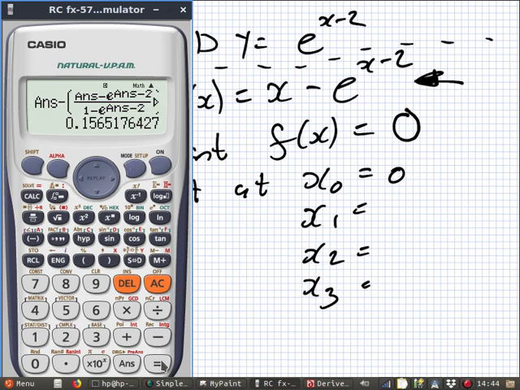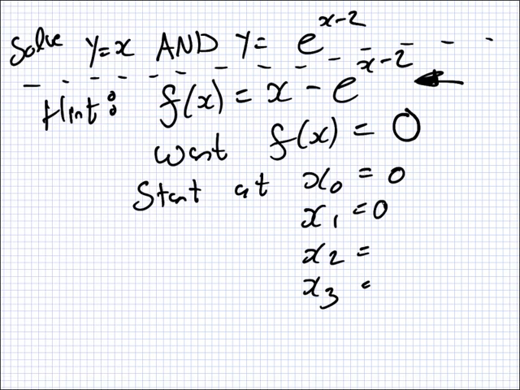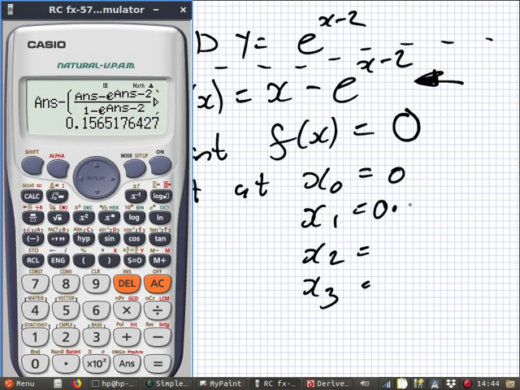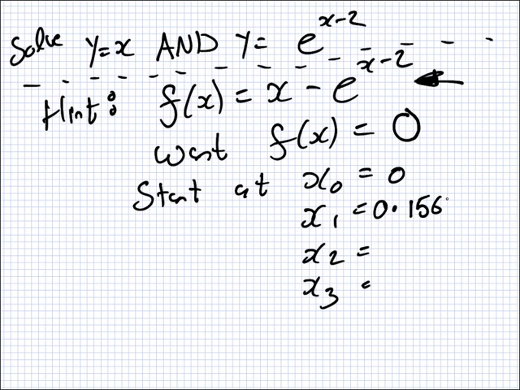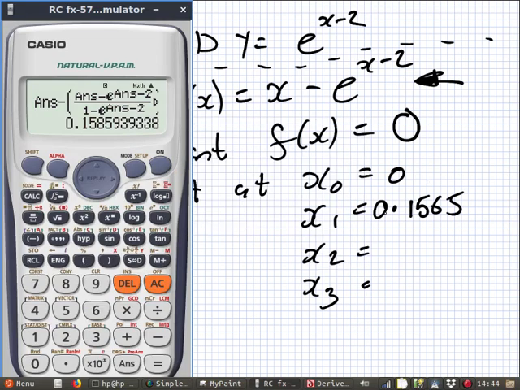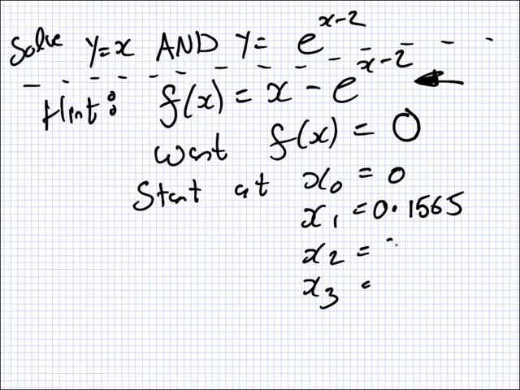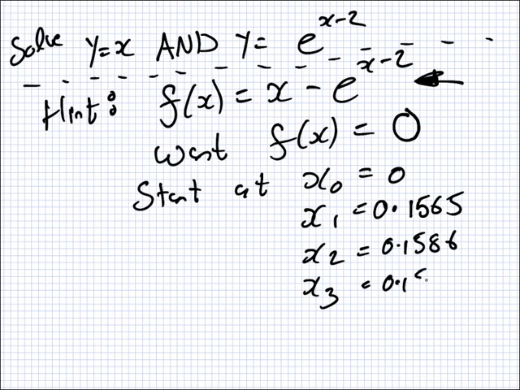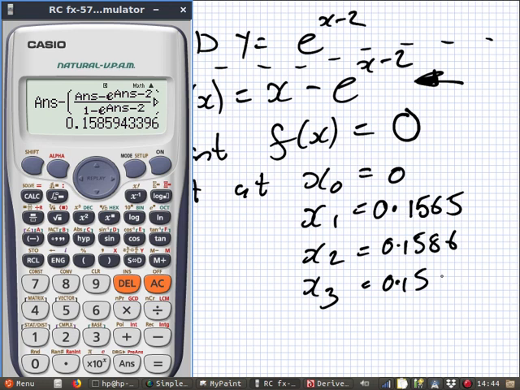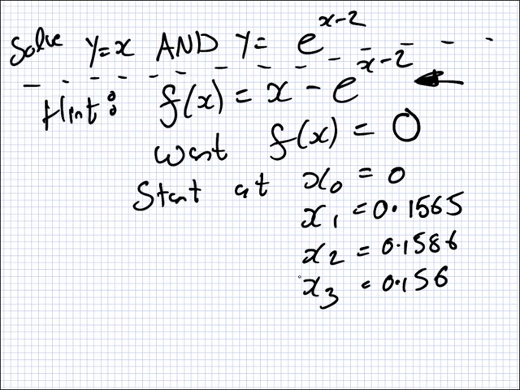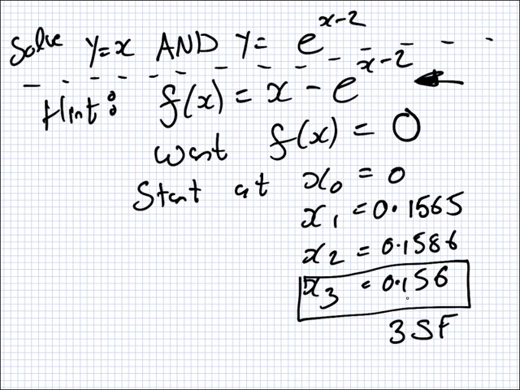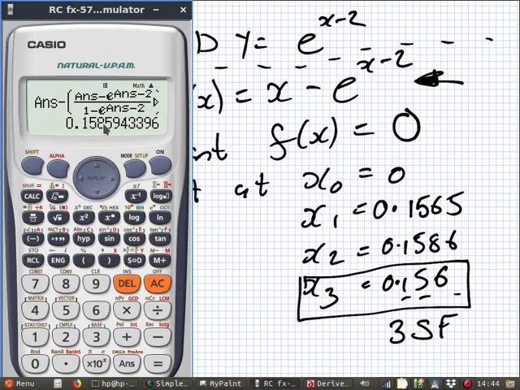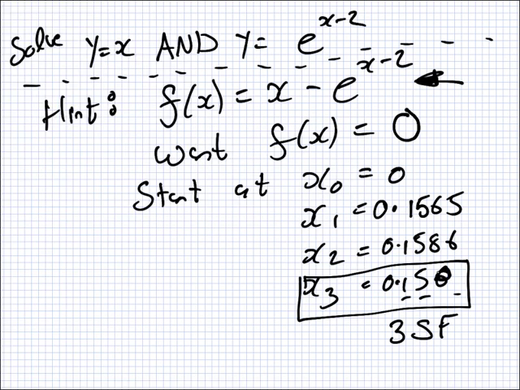So x1 is 0.1565. x2 is 0.1586. x3 is 0.159. I'm going to just use this formula 3 times, to 3 significant figures: 1, 2, 3. 0.159. Now let's see how good my answer is.